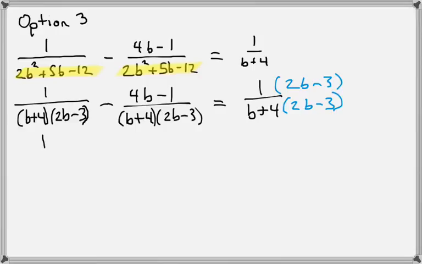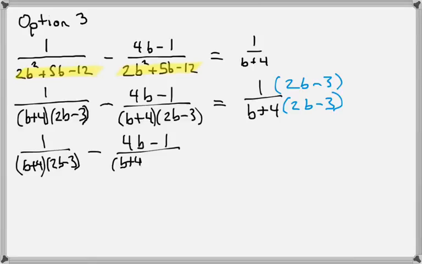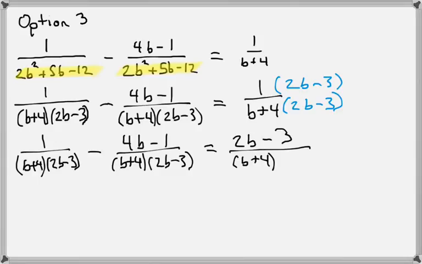So now again we have the 1 over (b plus 4)(2b minus 3), minus the 4b minus 1 over (b plus 4)(2b minus 3) is equal to, when we distribute that 1, a 2b minus 3 over (b plus 4)(2b minus 3).